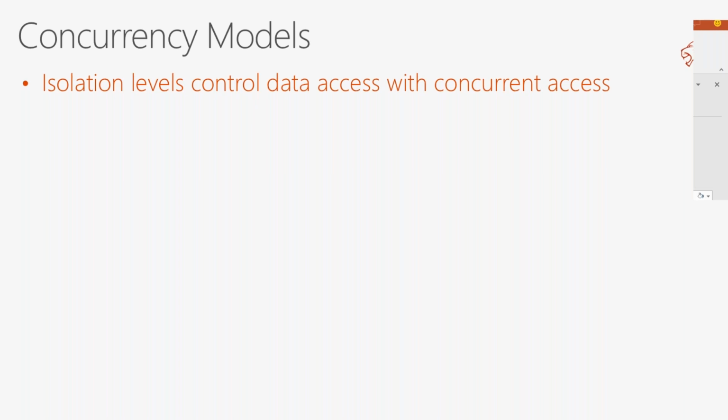So concurrency basically means how do we allow multiple users, whether it is an application or whatever, at the same time in the database, and that multiple users accessing the database must see some sort of a coherent or consistent view of the data, right?